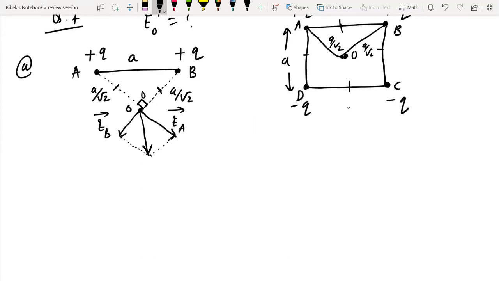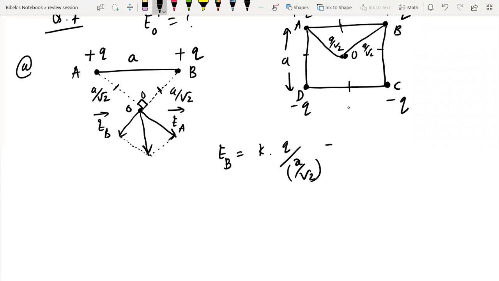Now, how do you find the electric field at a point due to a charge? So the electric field due to this charge at B is going to be K times Q, that's the magnitude of the charge, over the distance, that is A over root 2. My A and Q look very similar, so I'll write A like this.